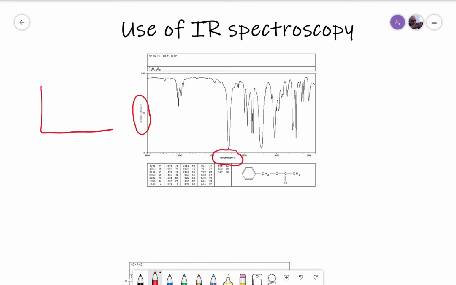when we were talking about UV-vis, we had something like absorption versus wavelength. And we had a peak, which seemed to make sense.